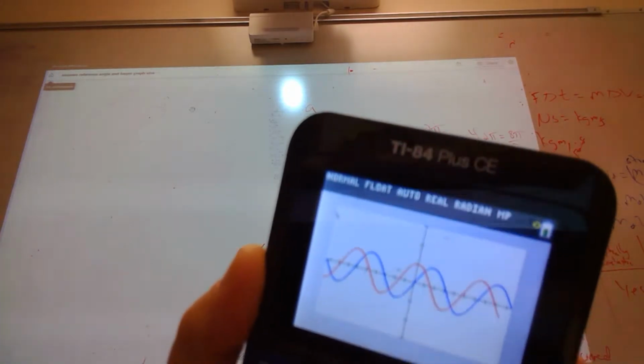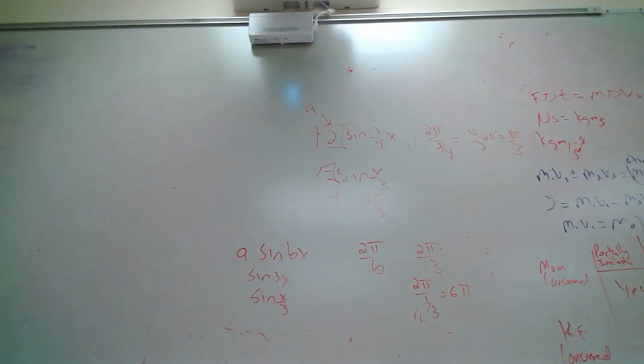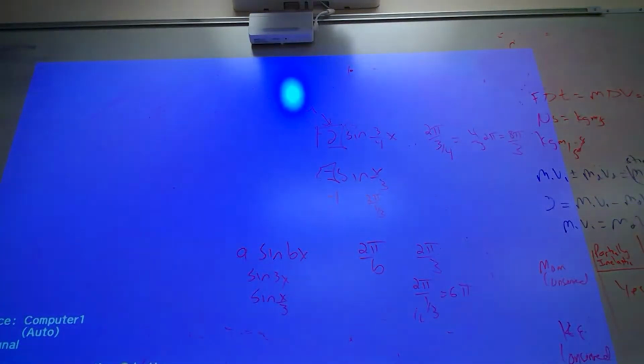Okay, now we're going to graph cosine x, 3 cosine x, and 1/3 cosine x. So you can get rid of sine. Just like we did before, we're looking at this effect on the amplitude.